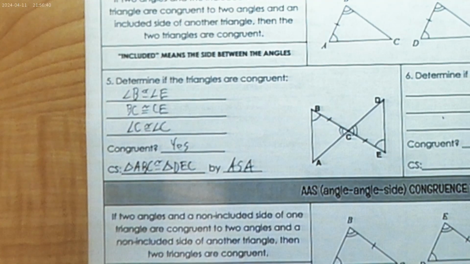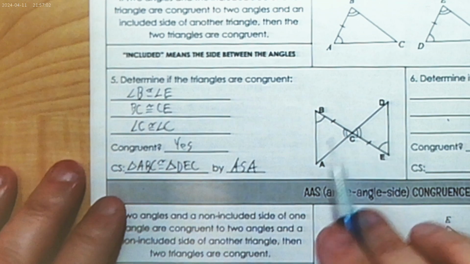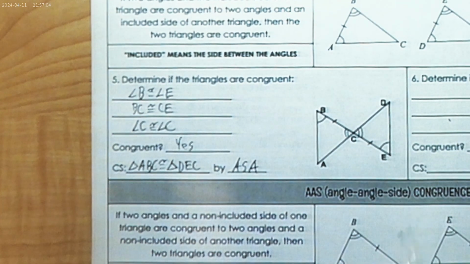And when you actually start choosing how to use these and having the resources to choose them, generally the problem itself will kind of push you towards using a particular theorem or a particular proof in order to solve the problem. You're rarely going to get a problem where you have all three sides, all three angles, and then the problem says prove that these two are similar or congruent.